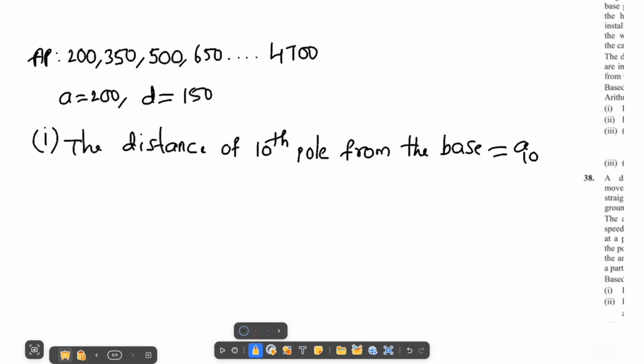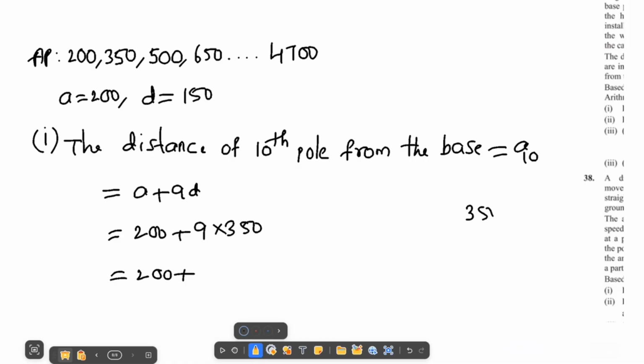So how do you write the 10th term? First term plus 9 times the common difference. First term is 200 plus 9 into the common difference, 150. So 200 plus 9 into 150. 150 into 9 is 1350.